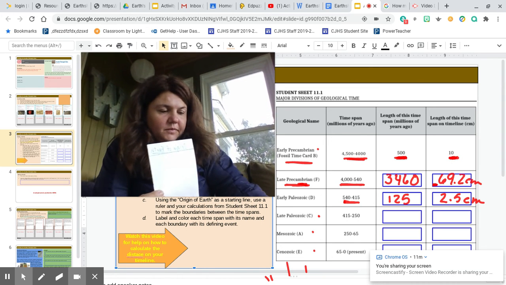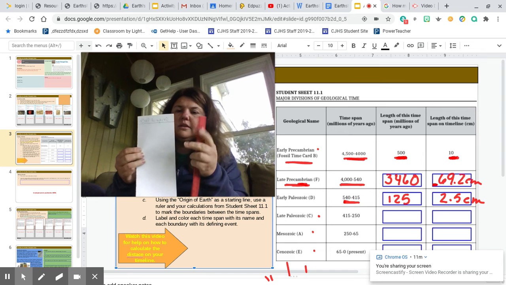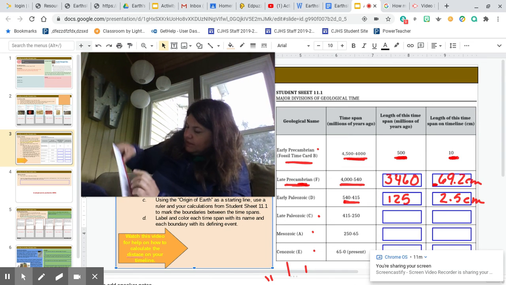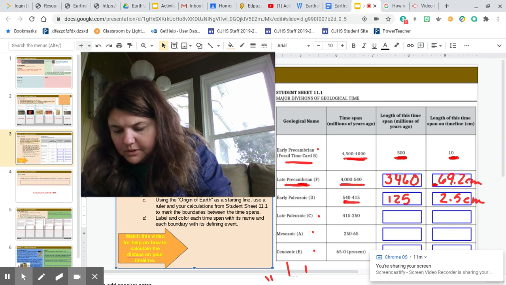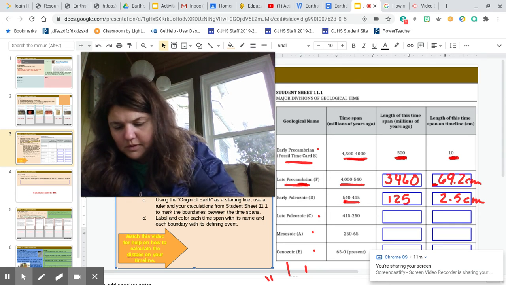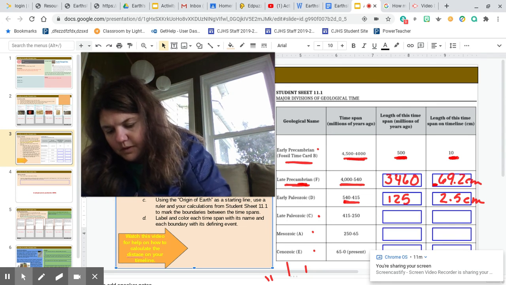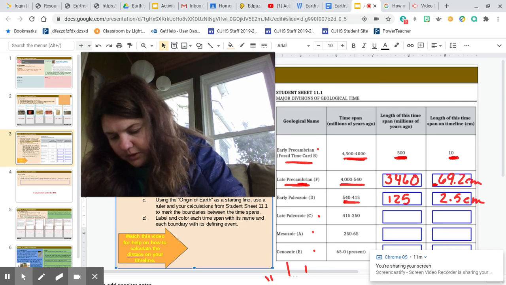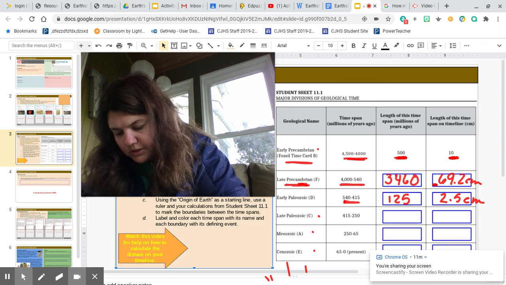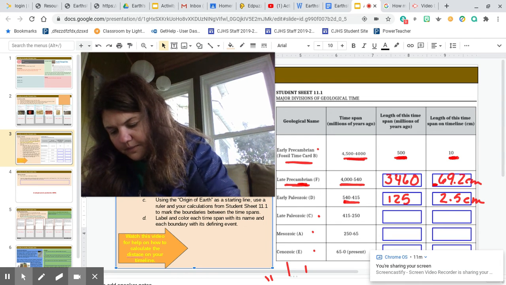So I take my ruler here and measure out 10 centimeters, and I'm going to just draw it on there.